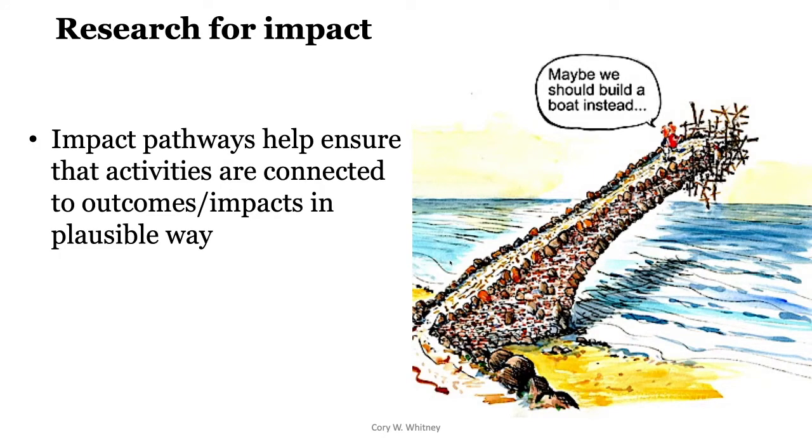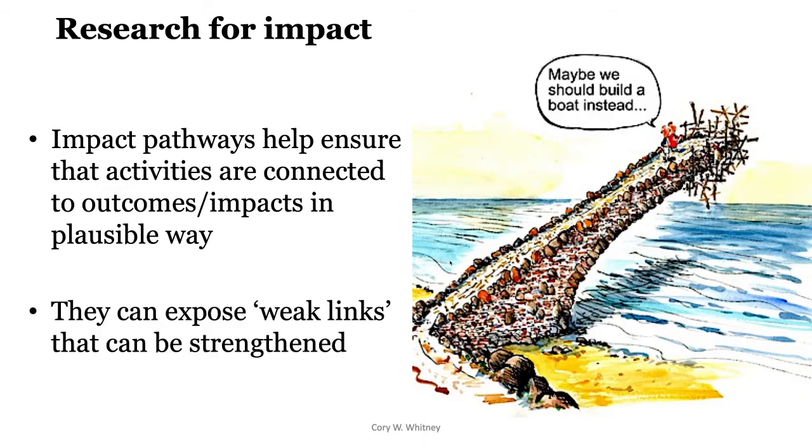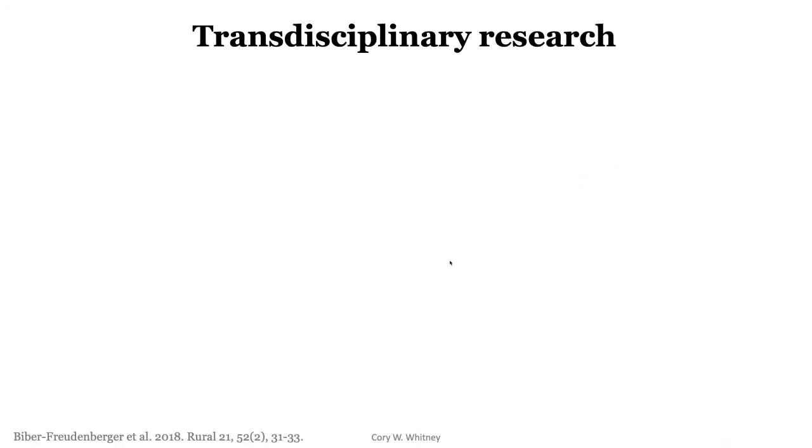If we use impact pathways, that is, if we think beforehand what might occur, then we can think about these logical connections of the research and the impact, the outcomes and the impact, in a plausible way that can help expose the weak links in our process that can be strengthened. Maybe if they had sat down and really planned out and drawn up an impact pathway for how their work of building the bridge would help them ultimately to reach their aim, which was to cross the water, they would have chosen a different approach.